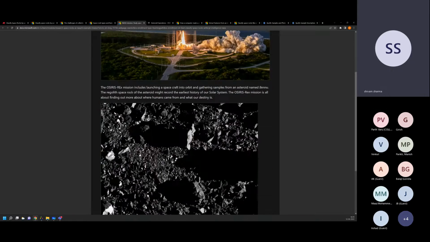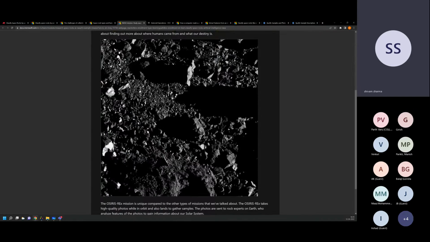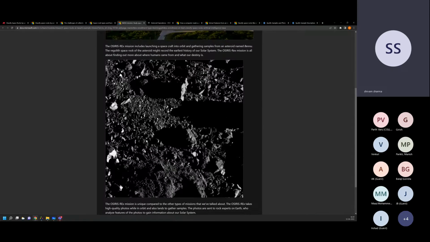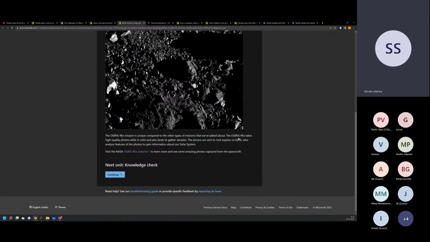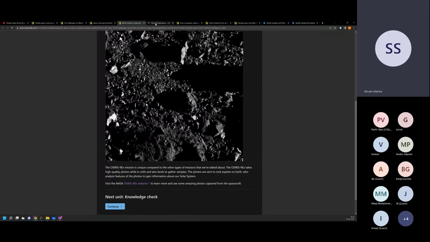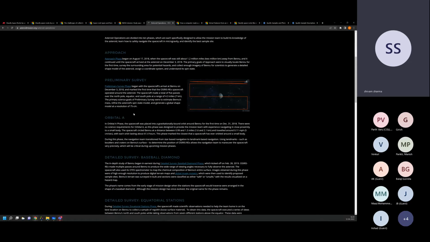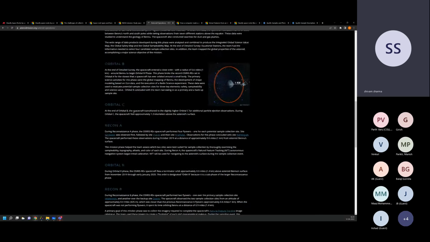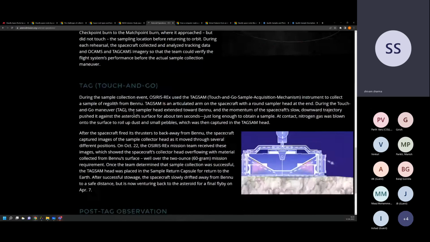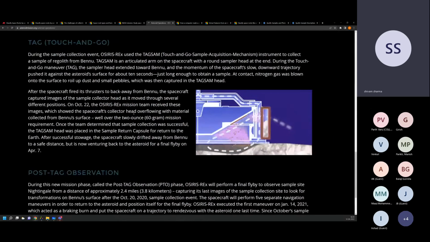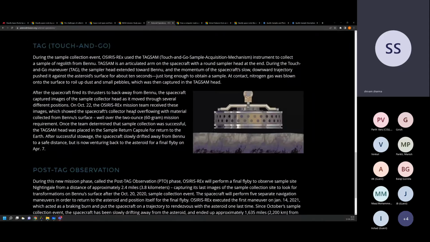If you open that link, you will find the link for the OSIRIS-REx mission, and I have the link open over here. There is a particular timeline. Just FYI, the rock sample is already collected, and it's on the way back to Earth.